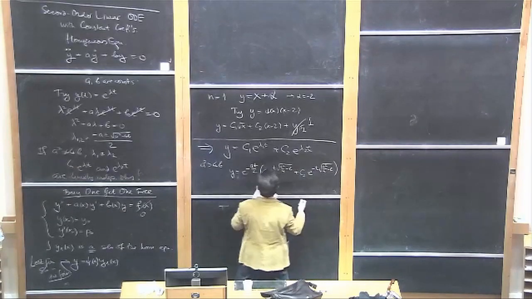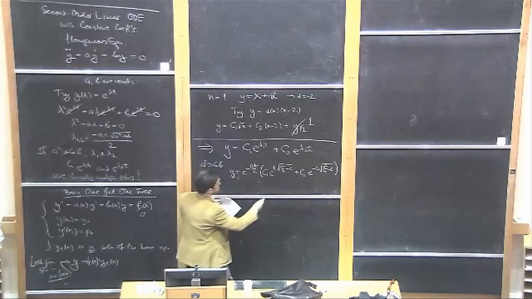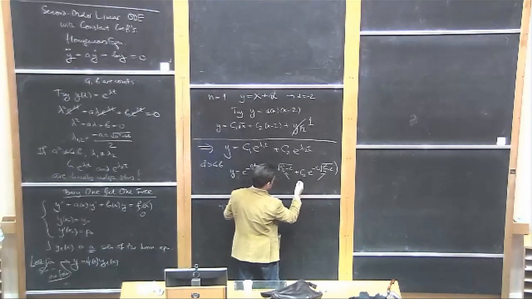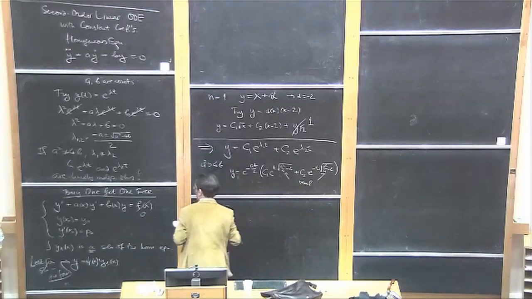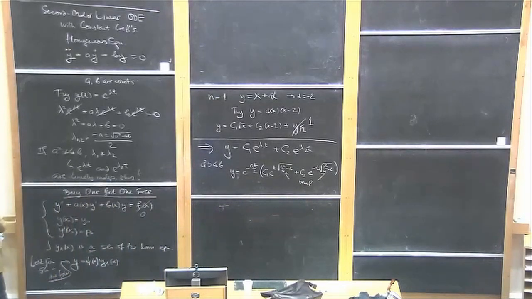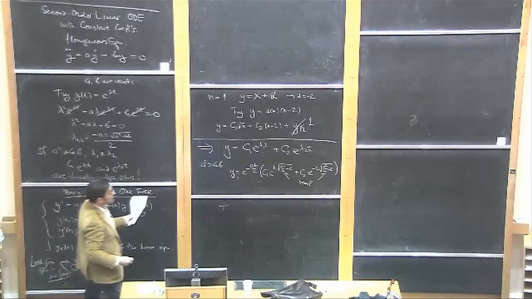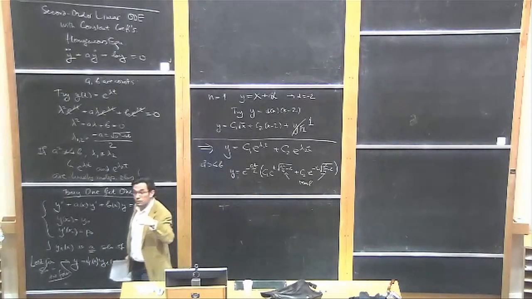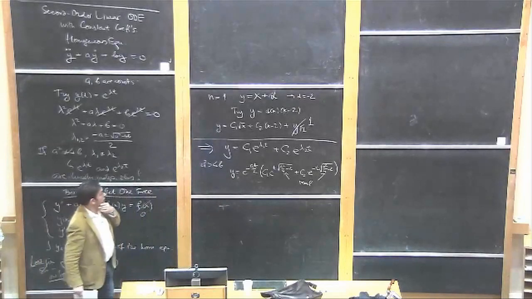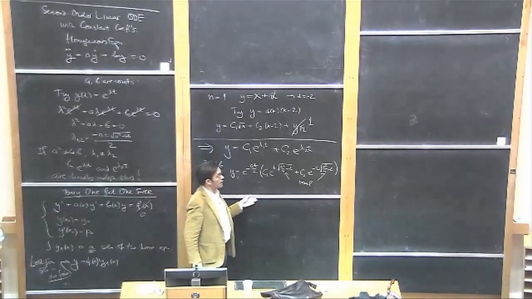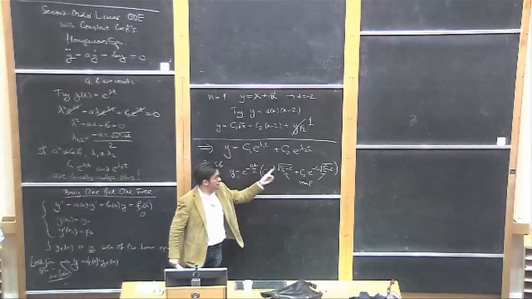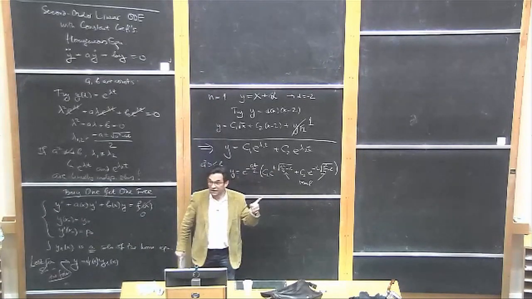This is guaranteed to be positive, so these things are real. What this describes is a linear superposition of two exponentials that are either growing or decaying, depending on the sign of a.